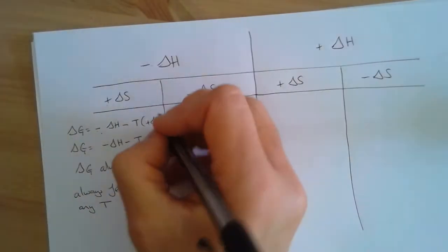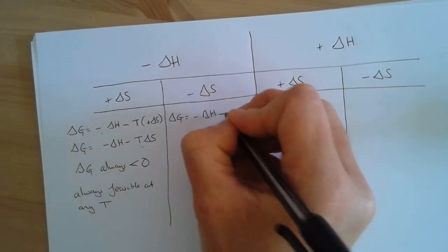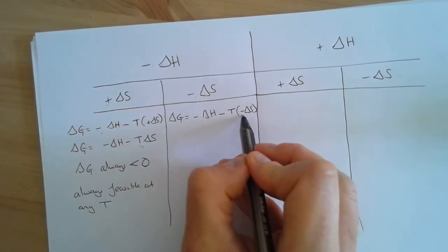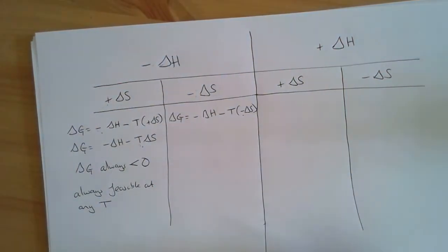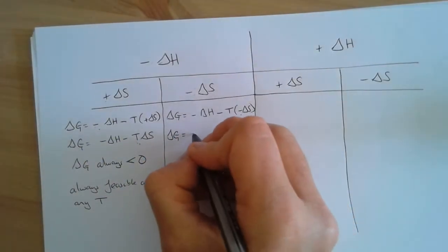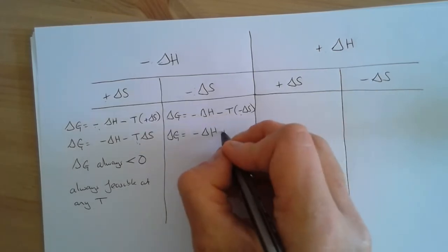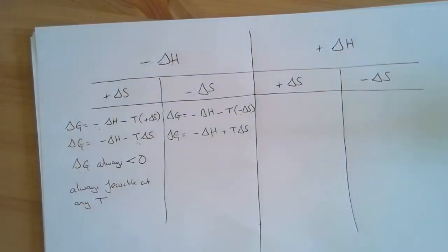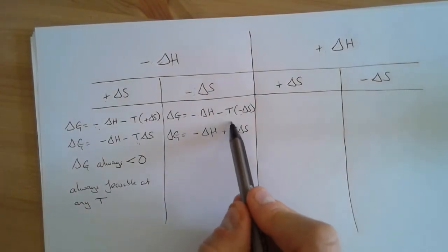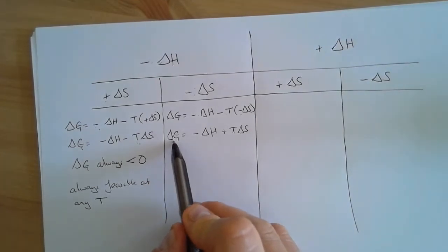Let's have a look at this one. Delta G equals minus delta H minus T minus delta S. So I've put minus delta S in there because this reaction is a decrease in entropy, which means if I substitute out the minuses, minus T minus delta S means plus T delta S. So as the value of T increases, the value of delta G is also going to increase.